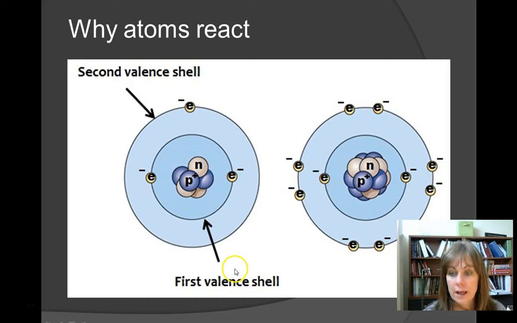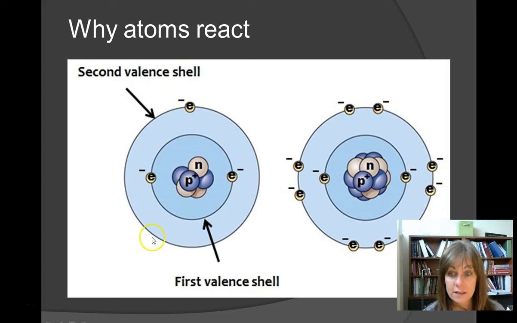Now let's look at these shells around the electrons. Now you may notice that you see two series of lines. Well, here's one line, and this is the first valence shell. It turns out it's actually closest to that nucleus. You then have a second valence shell, and I like to think of these almost as racetracks around the middle of something.